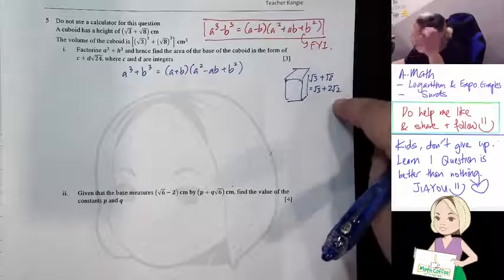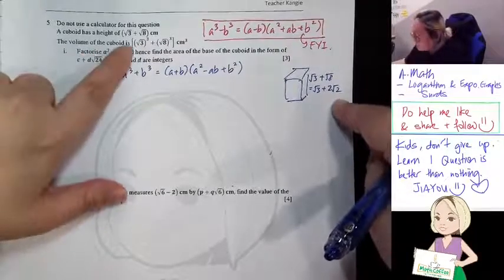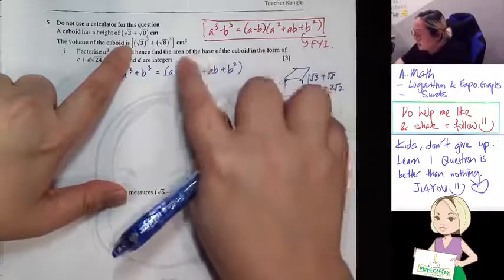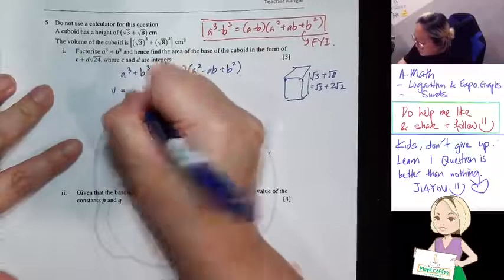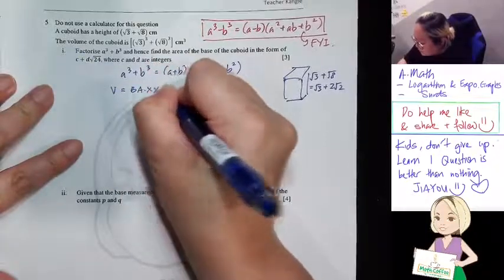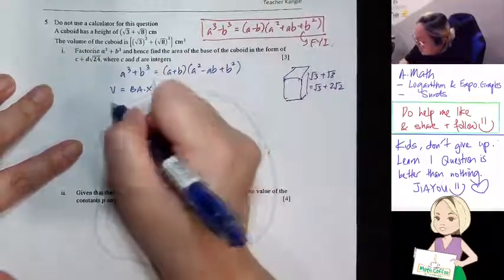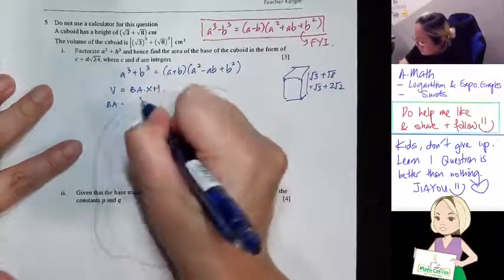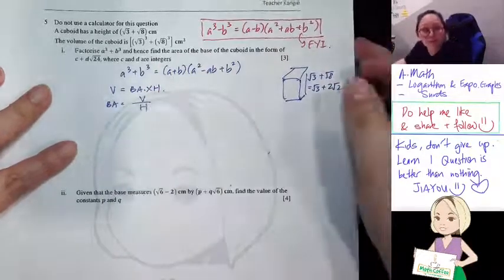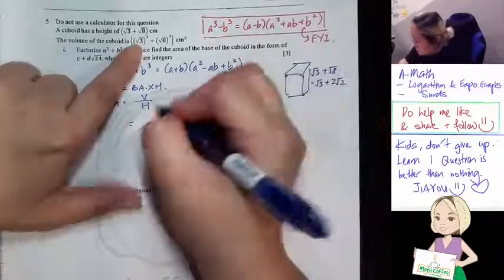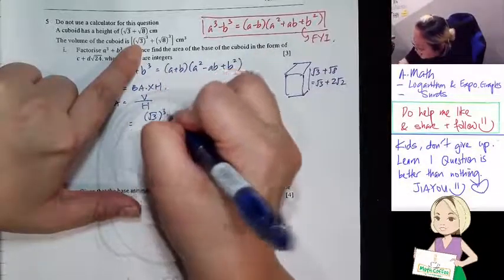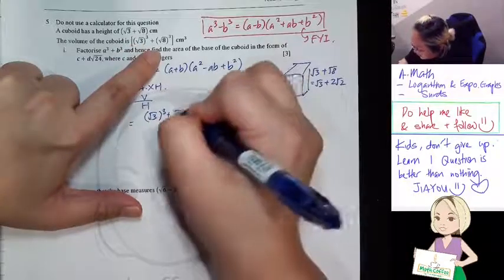So the volume is given to me, and they asked me to find the base area. So my formula will be volume equals base area times height. So to find the base area, it will be volume divided by height. Agree? So I have my volume, which is this plus this cube.